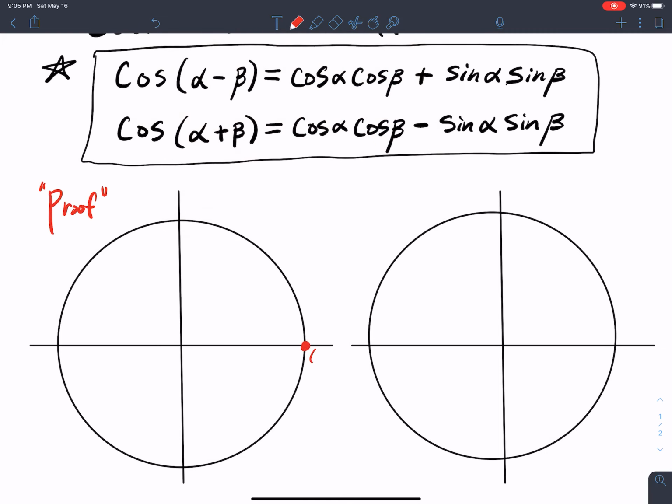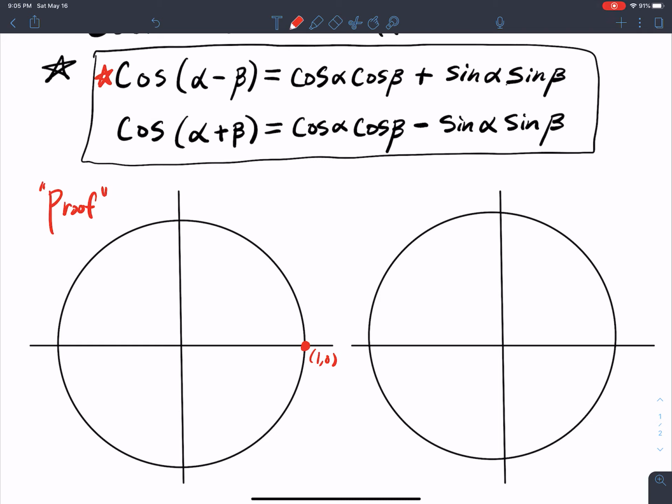So right here is at 1, 0. What I'm going to do is actually prove this one first, and then I'm going to use that first one to show you how the second one is true.